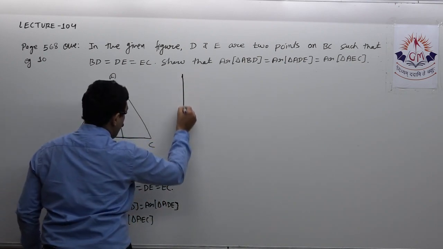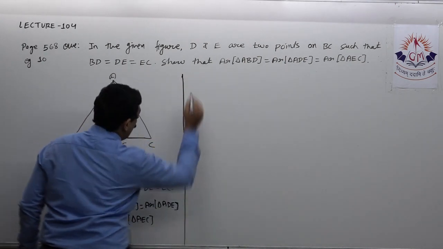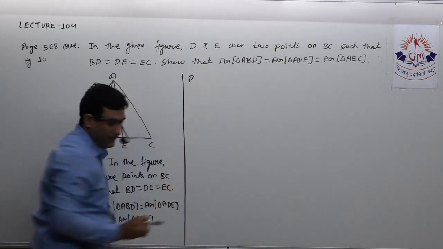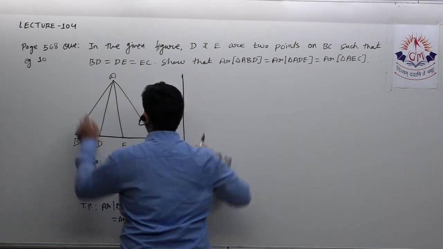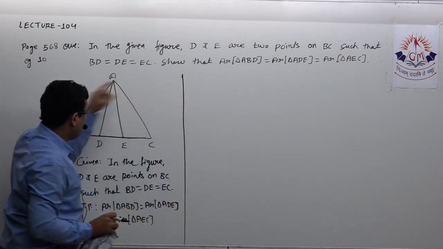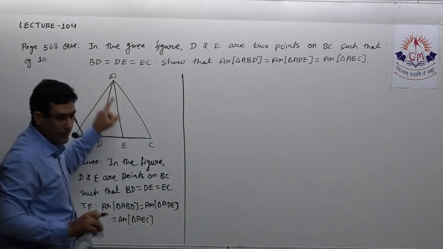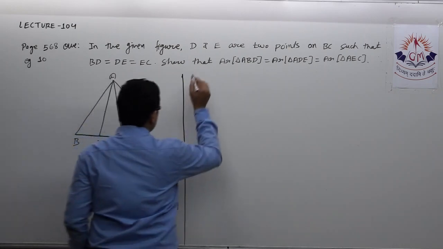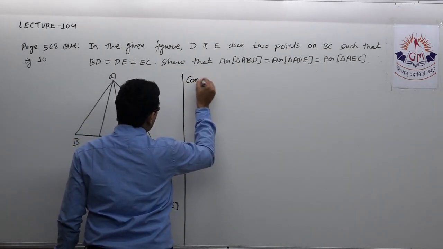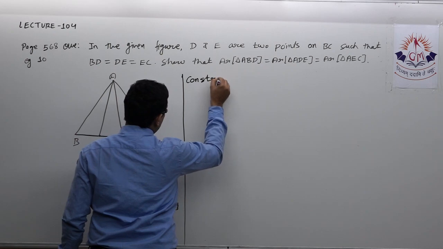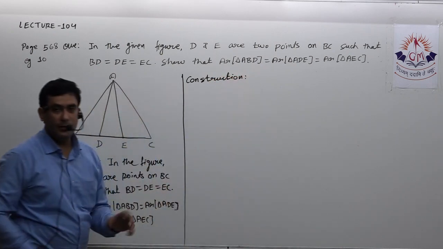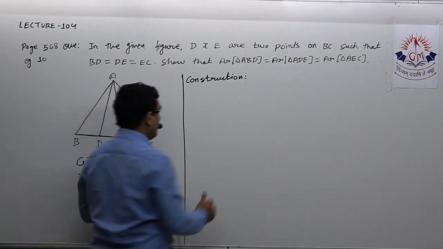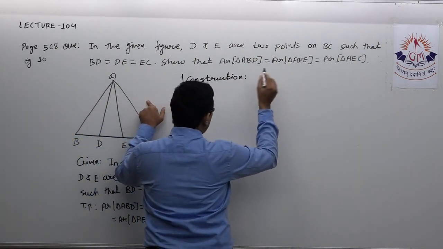Okay, now it's proof, or before that a construction is required. See, the first method that I explained to you, in which we have to draw a line parallel to base BC through point A, over there again a construction was required. Here I am giving you another method. However, the very first method is the easiest as well as the shortest method, but here I am giving you one more method.